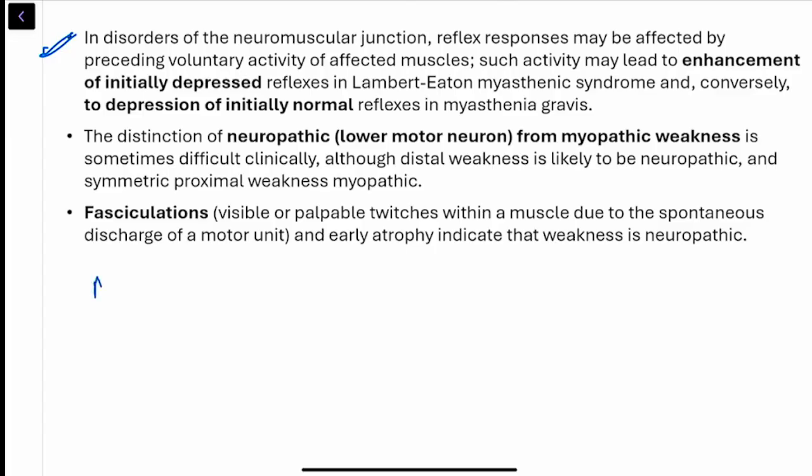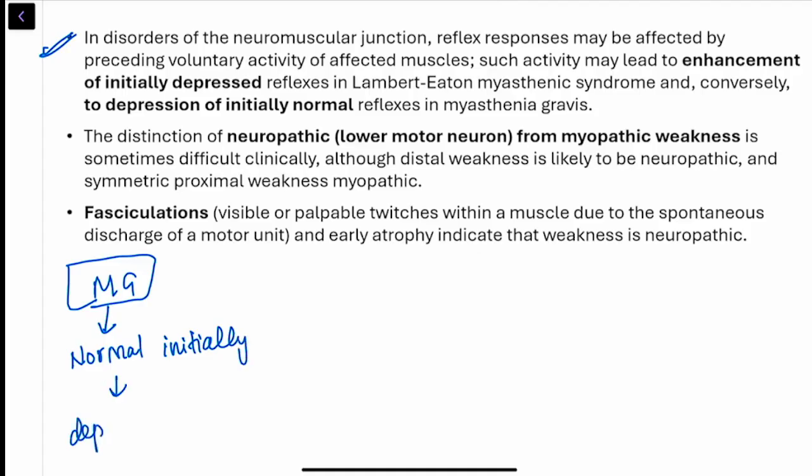If there is myasthenia gravis, the stretch reflex will be normal initially and will be depressed later if you keep on contracting the muscle.